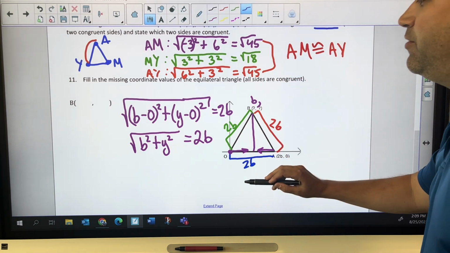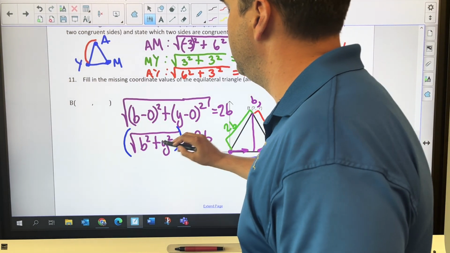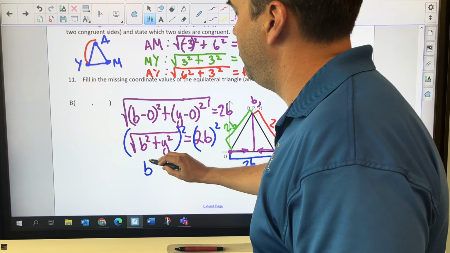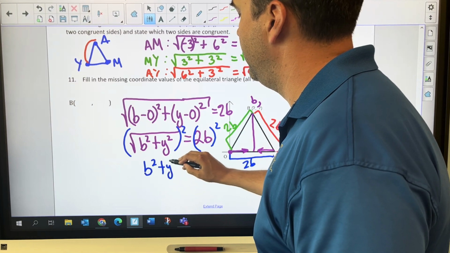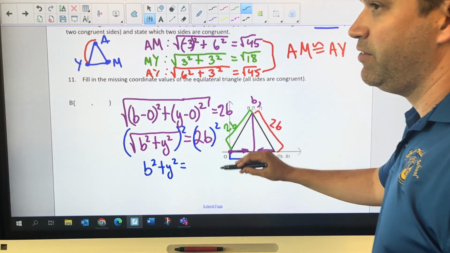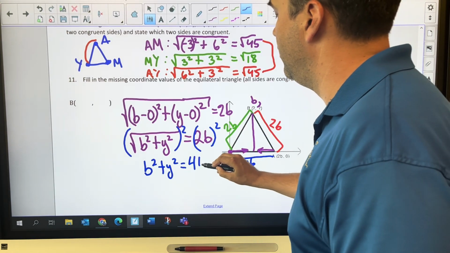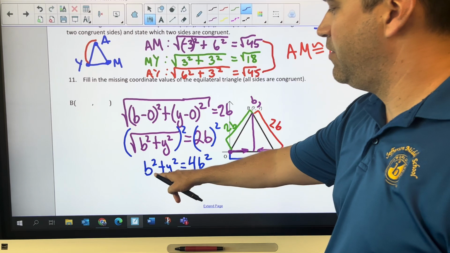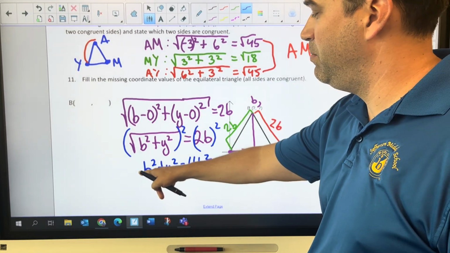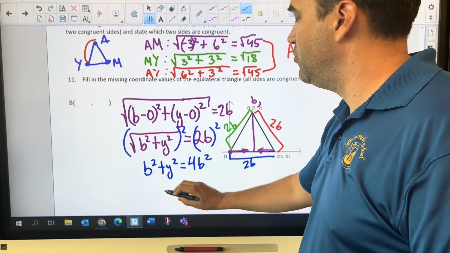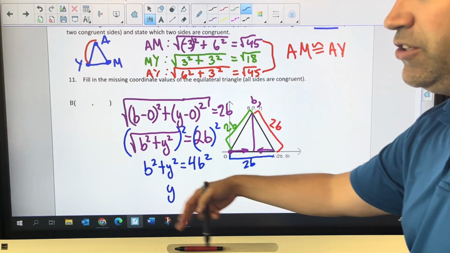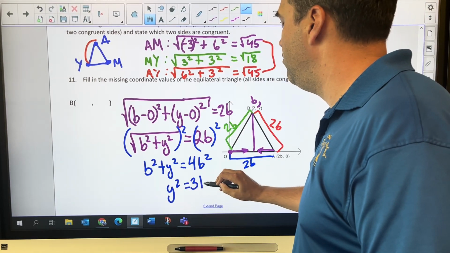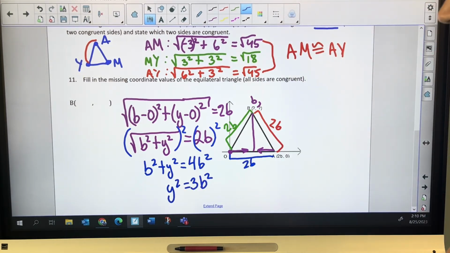If I square both sides, we end up with b squared plus y squared is equal to, be careful here, we square everything, 4b squared. And since I've got b squared here already, that's 1b squared. What I should do is subtract b squared from both sides. Y squared equals 3b squared.